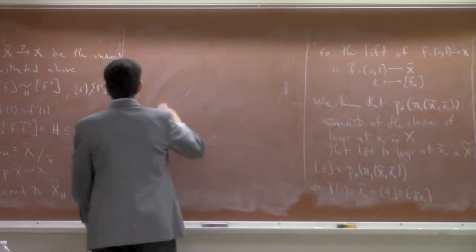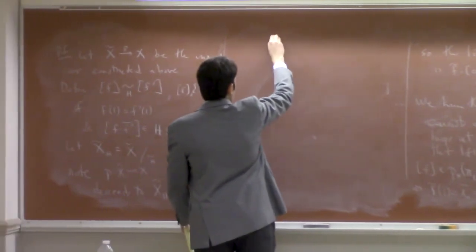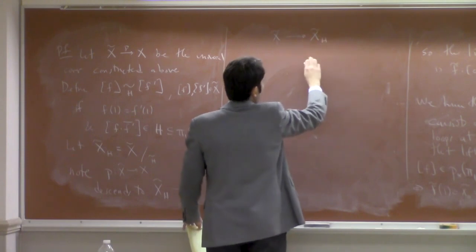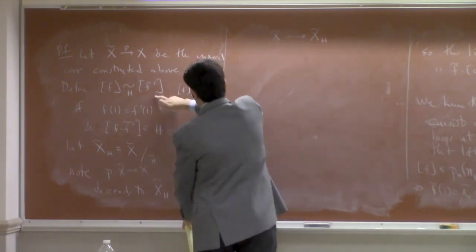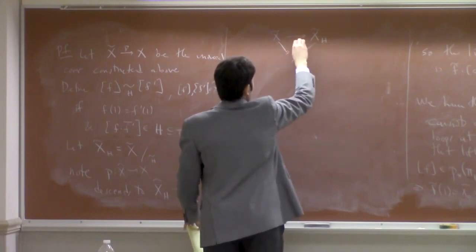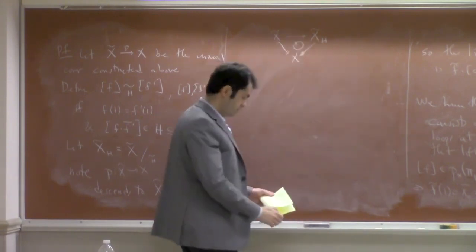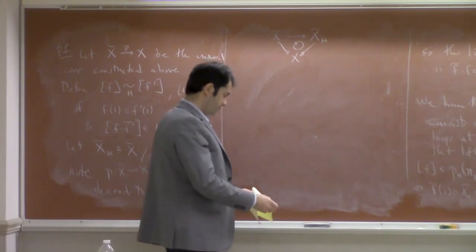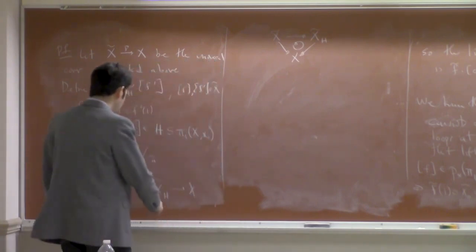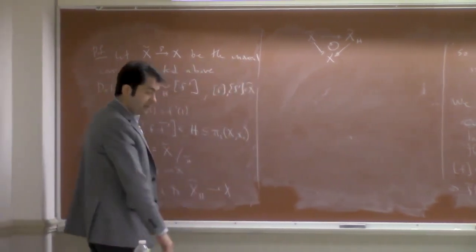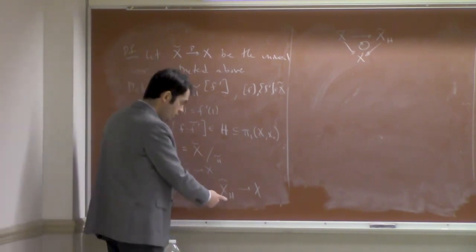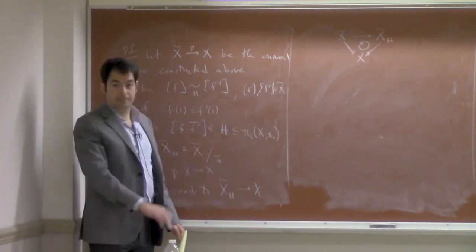Right. Which is to say that we have X tilde, and you can map down to X tilde H just by taking the equivalence class with respect to this relation, and you can map down to X, and this is a commutative diagram. Okay, so in particular, it descends to here, and it's still a covering map with the topology induced on this from X tilde.